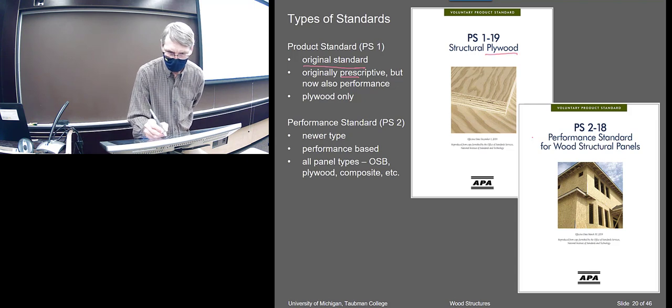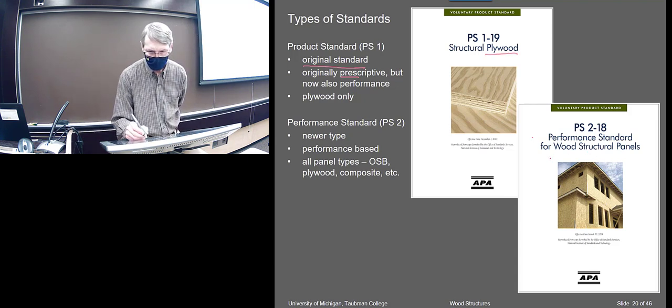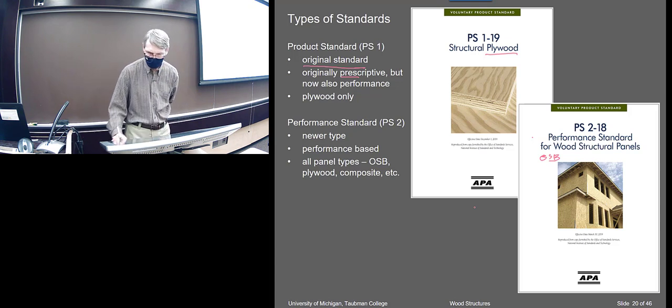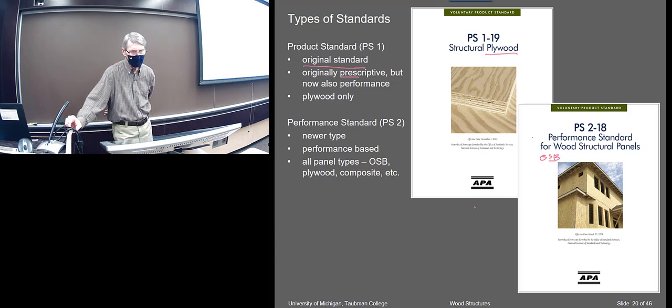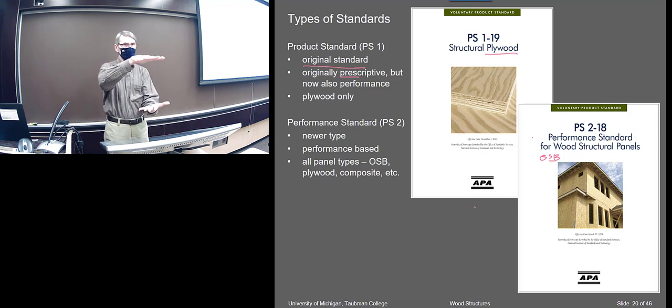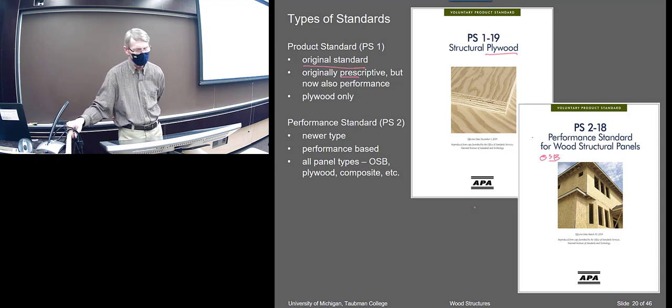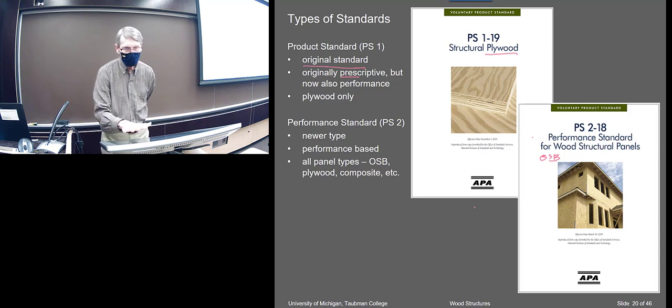Oh yeah, it says it's only plywood. This one includes OSB, and what's the other one? The one that's a composite, where you have plies and then the OSB kind of in the middle, or wafer board, whatever they call it. Okay, so those are the two.